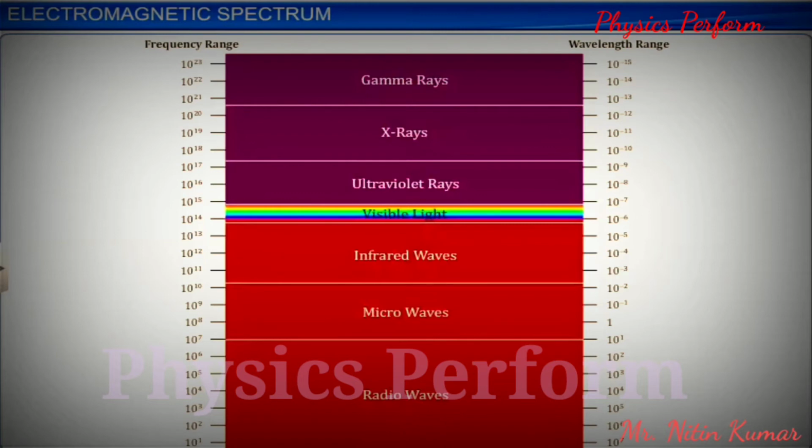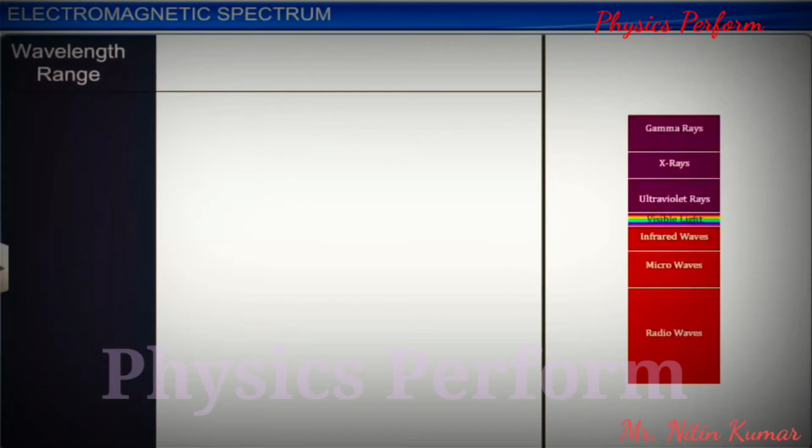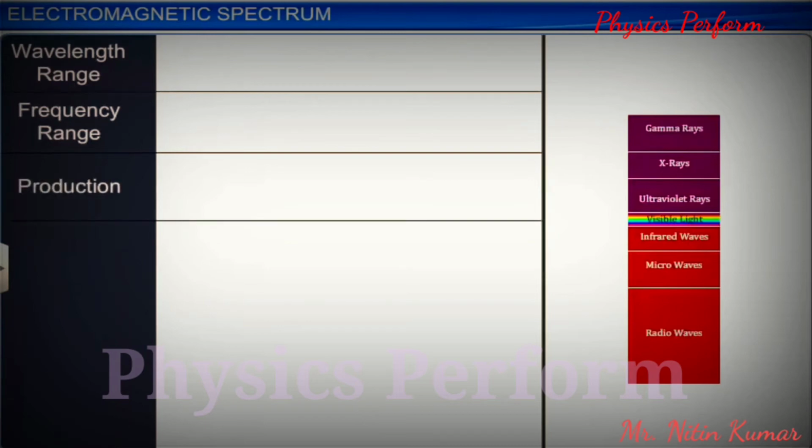Now, let us briefly discuss the wavelength range, frequency range, production, detection, and uses of all the 7 kinds of electromagnetic waves. First, we shall start with gamma rays, which have the minimum wavelength.